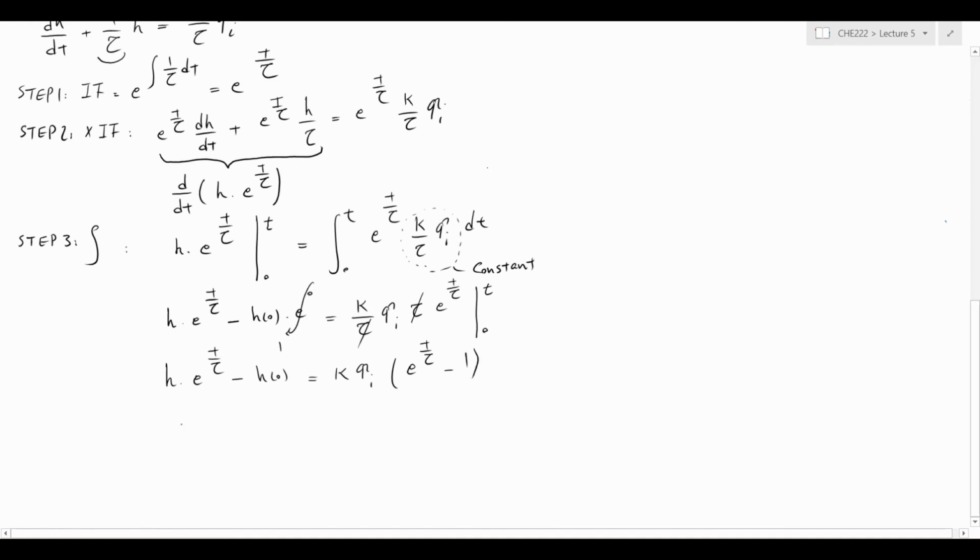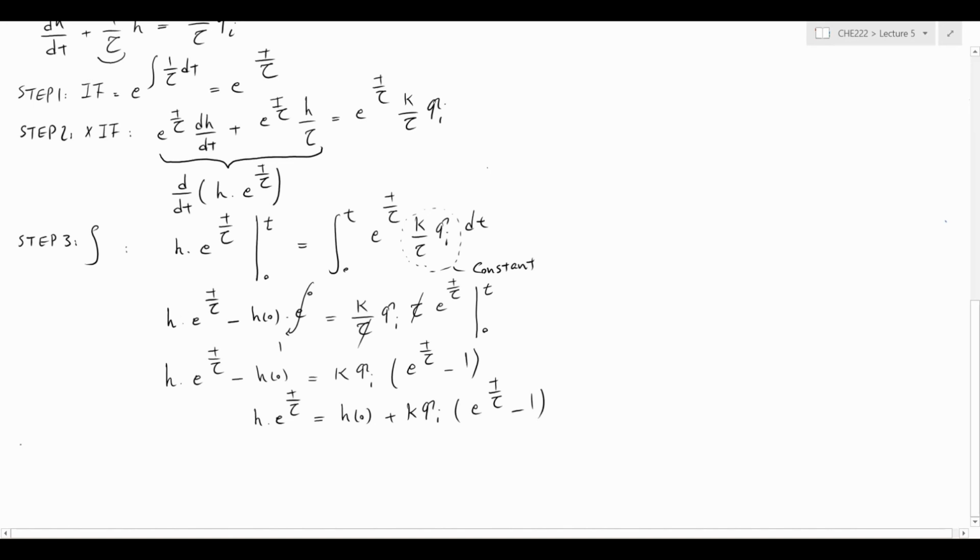Then by simple rearrangement, we will have h times e^(t/tau) is equal to h0 plus k qi times (e^(t/tau) minus 1).